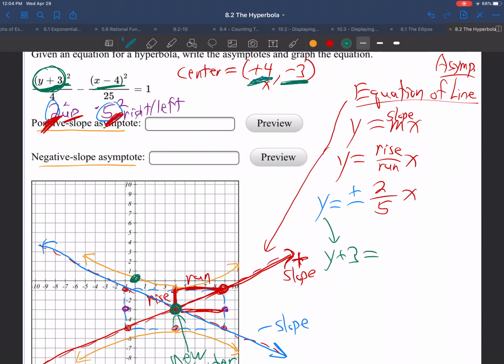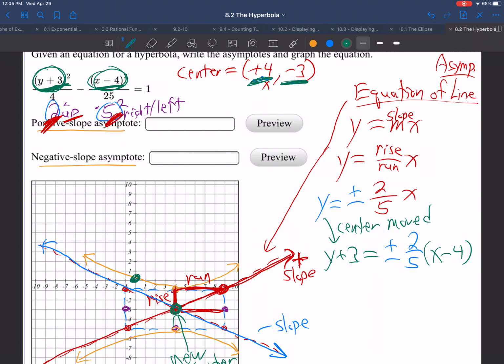Do you see that? This is for the center moved. This is for the movement on the center. The new center has been moved. So we don't have plain y, we have y plus 3. That was right in the formula. We don't have plain x in the formula, we have x minus 4.